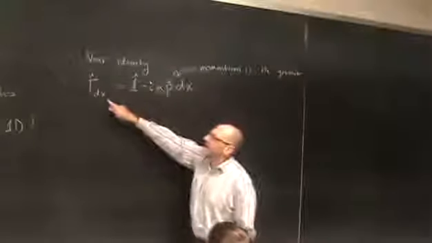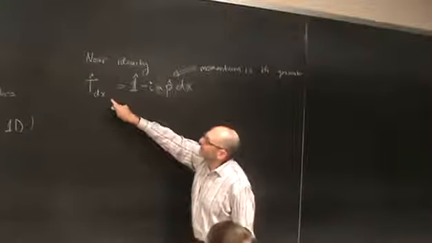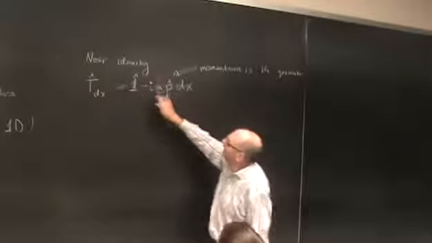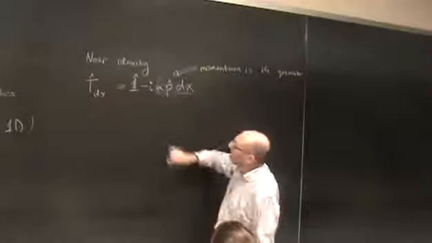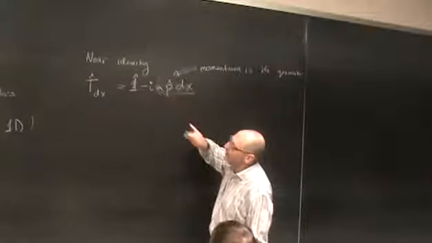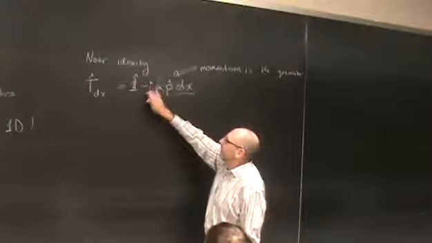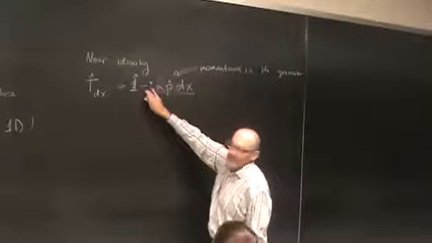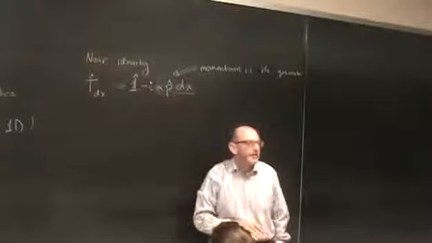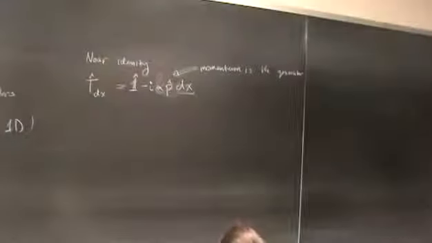So my near identity translation operator is the identity and then a small amount proportional to dt times an anti-Hermitian operator. That anti-Hermitian operator has got to be plus or minus i, that's just by convention. You take it minus i times the momentum operator.